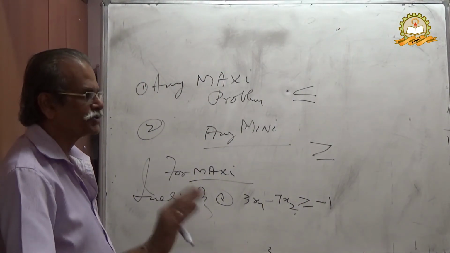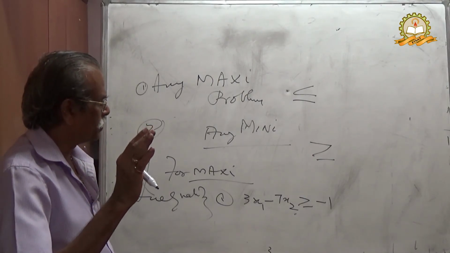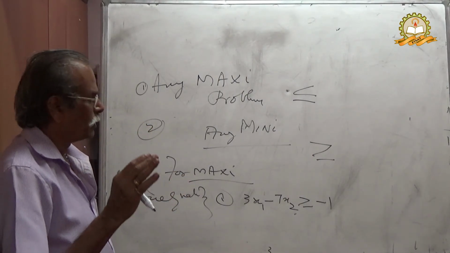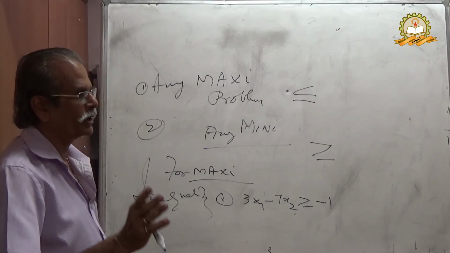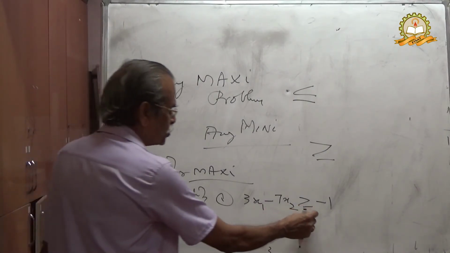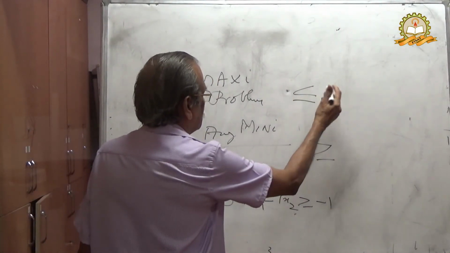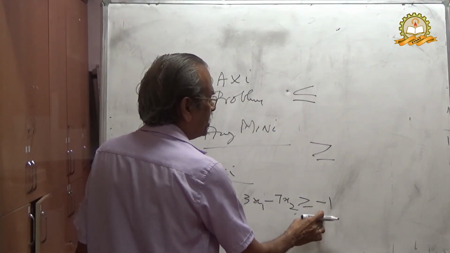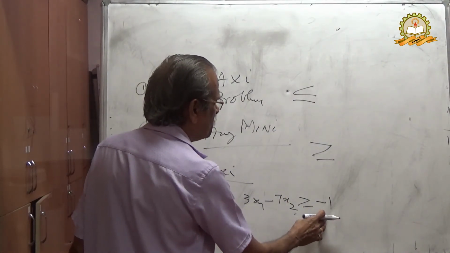And we said while solving a simplex LPP problem, all the right hand side of the inequalities should be positive.